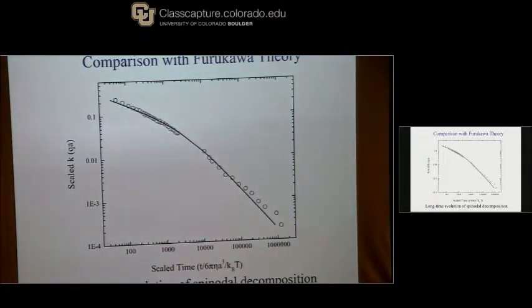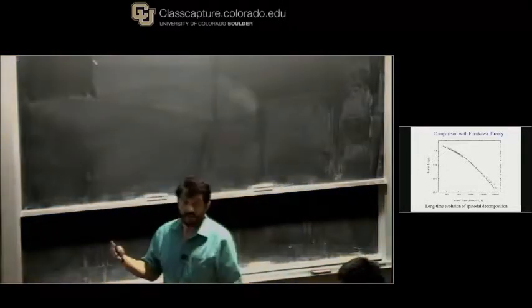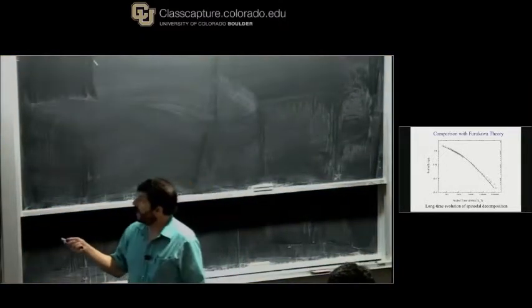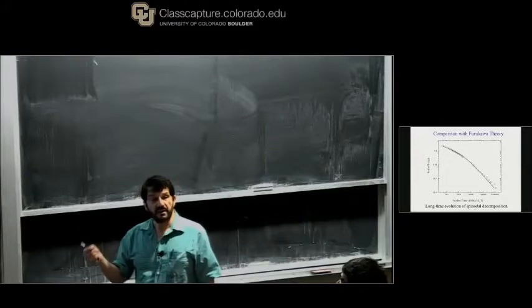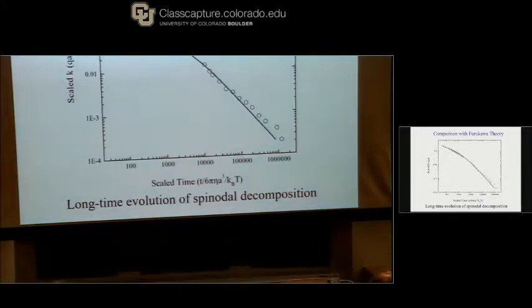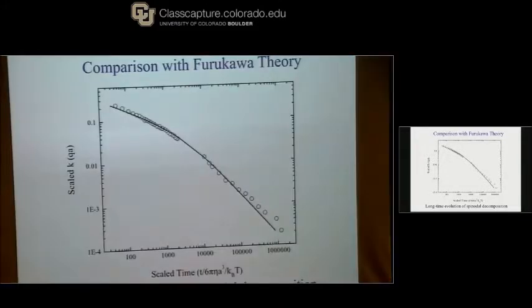You can measure the characteristic length scale. You can calculate the inverse of the length scale, the wave vector, and plot that as a function of time. It follows exactly the theory for spinodal decomposition with hydrodynamic coarsening. And from this you can calculate the initial length scale at which separation starts.